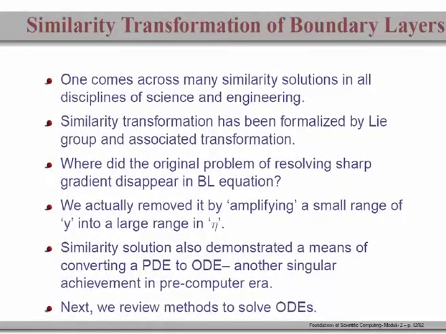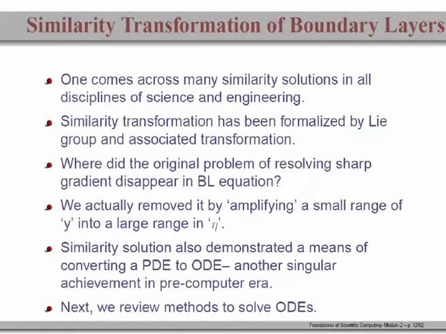These are some observations that we noticed, that similarity solutions are not restricted to only fluid mechanics. You would see them in all disciplines. They have been formalized by Lie group, and as I told you, we really stretched that y into eta, and thereby that sharp gradient problem has been resolved by having this simple ODE.